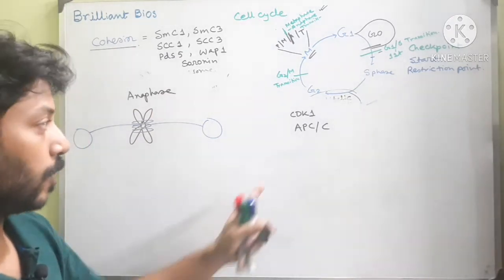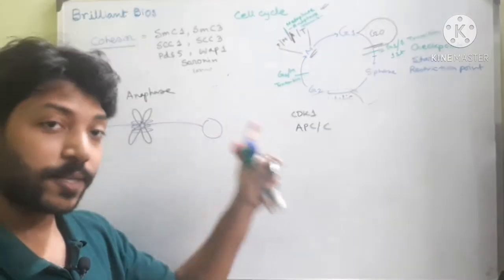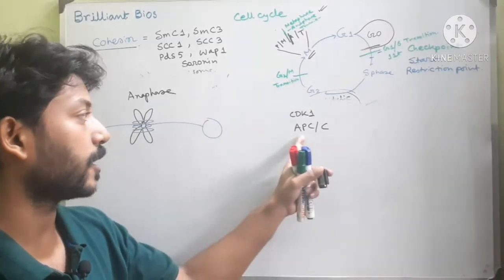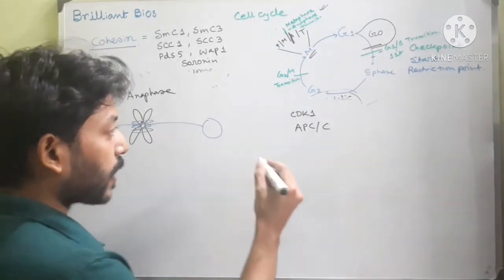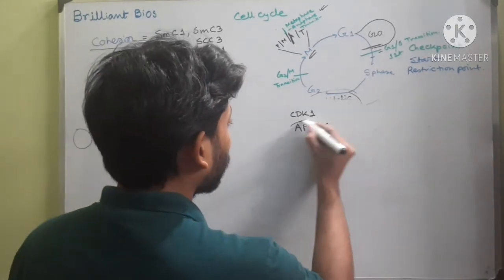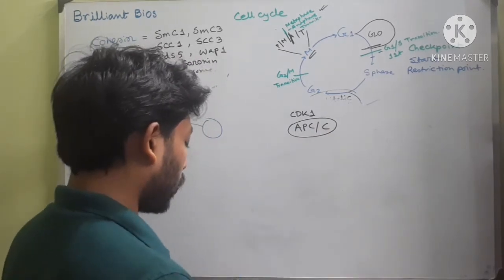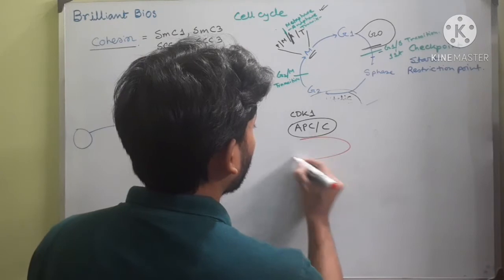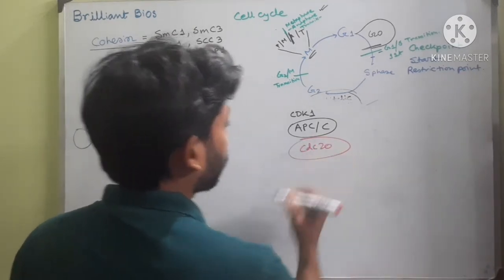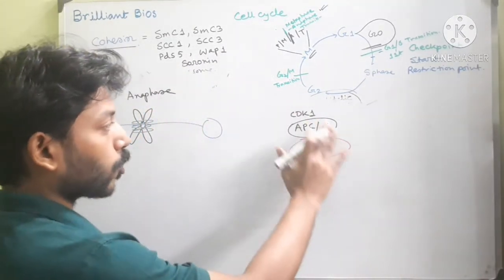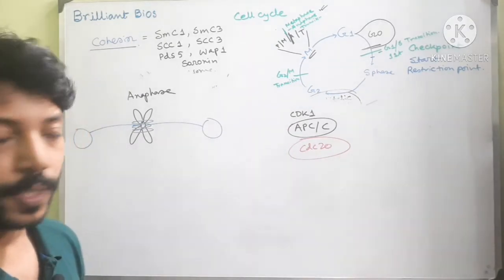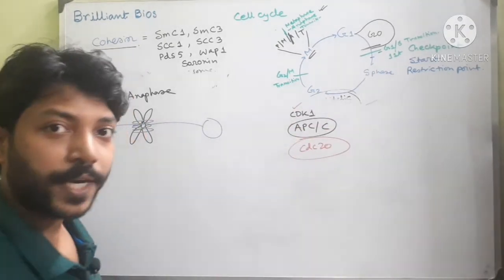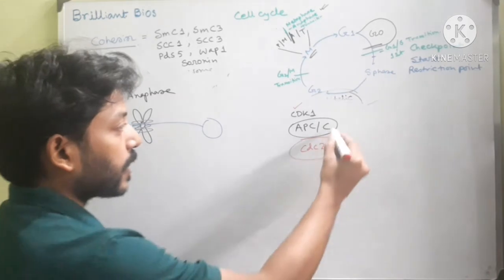If you have not watched my previous video, in that first video I have mentioned the name APC/C, and this protein APC/C associates with another protein called CDC20. So there are two proteins that help in this process: CDK1, that is M-phase CDK, and these proteins.